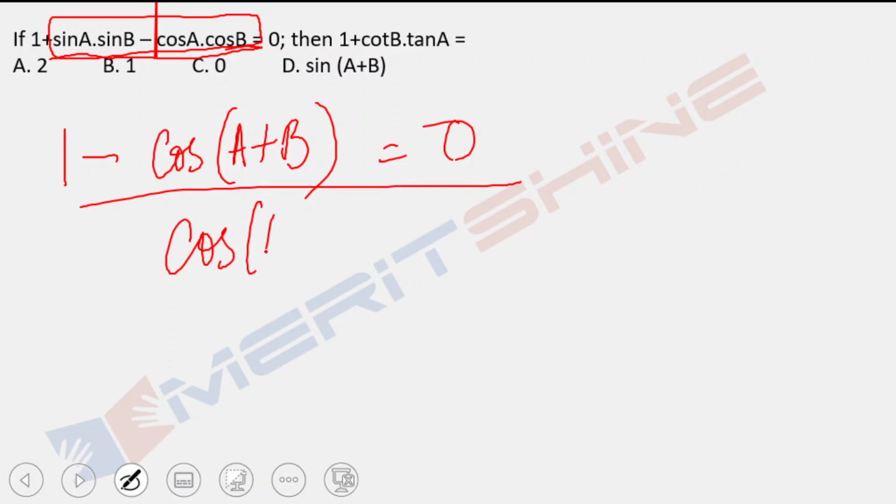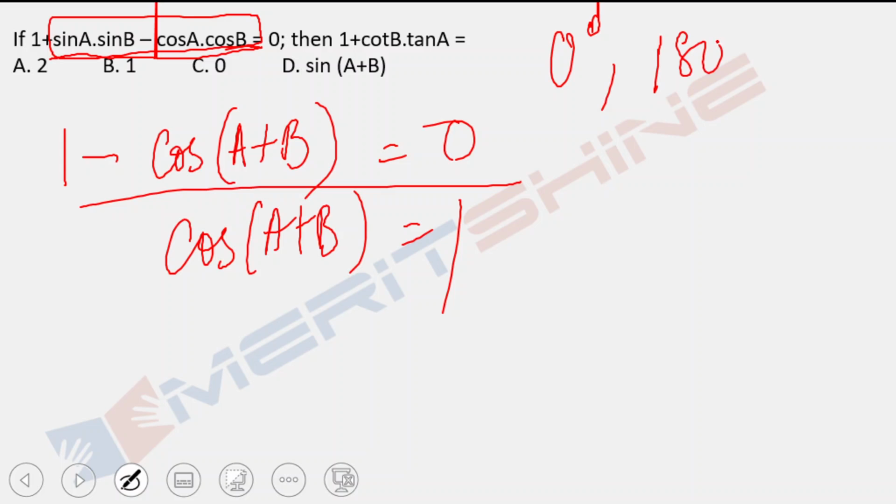So, cos A plus B is equal to 1. So, when is cos 1? Cos is 1 at 0 degree, at 180 degree or pi, at 360 degree or 2 pi. So, all multiples of pi and 0 degree, right?